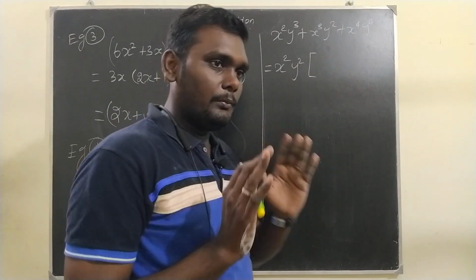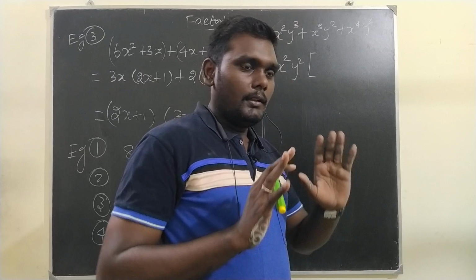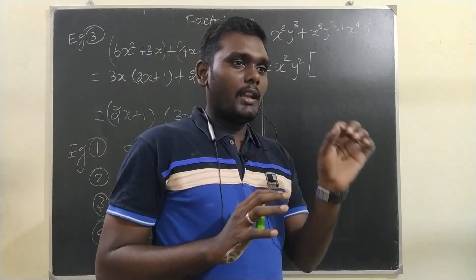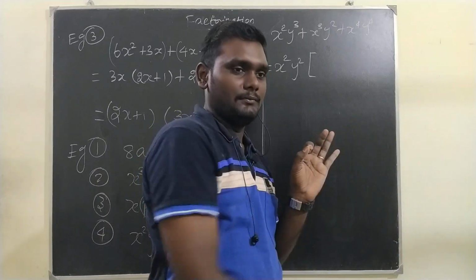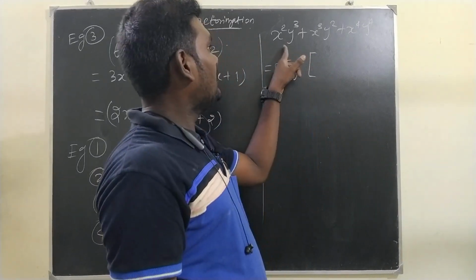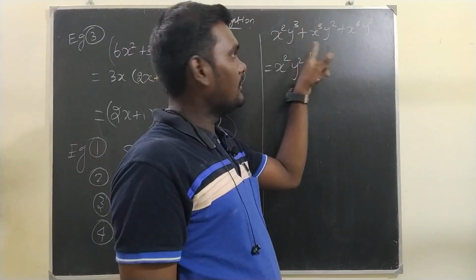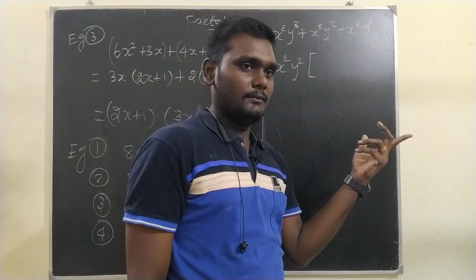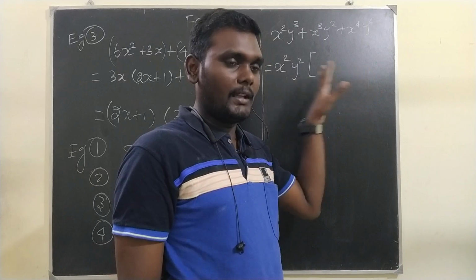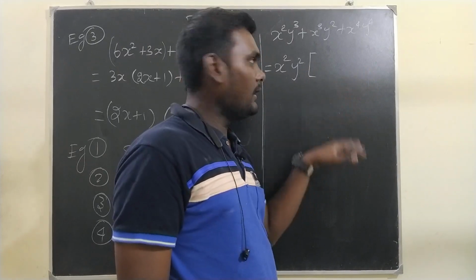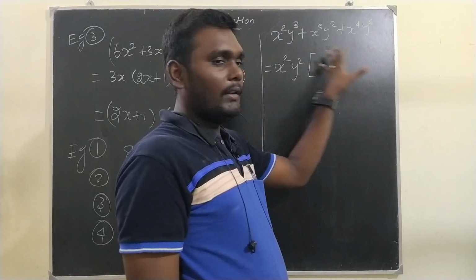Now the counting should be clear. What we observed so far is we should take the least power of a variable so that it can be taken from all the terms. Suppose you are adamant that I am taking only y power 3, in this term it is not possible. For that also we have a way, but as for basics we are discussing this common factor. This way we should do.